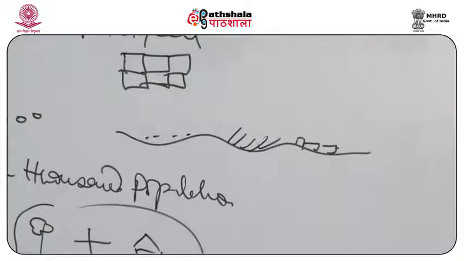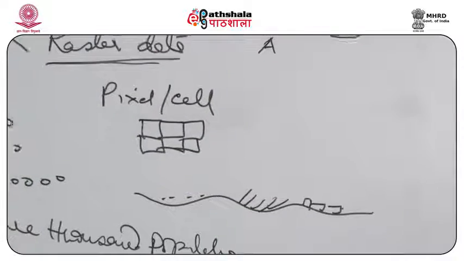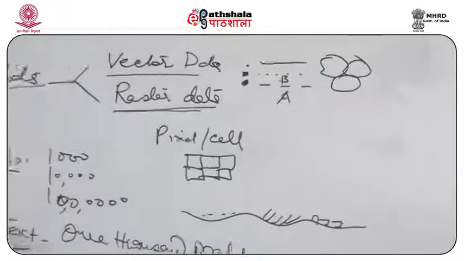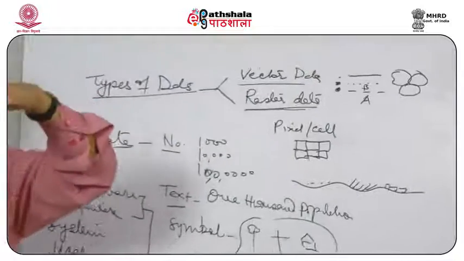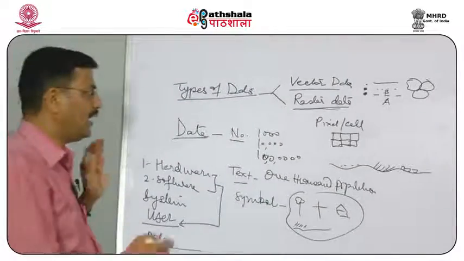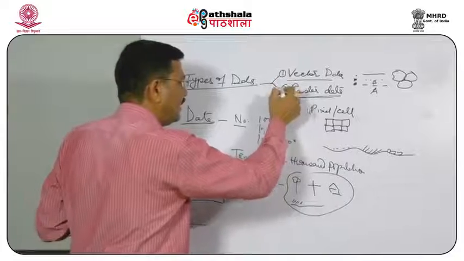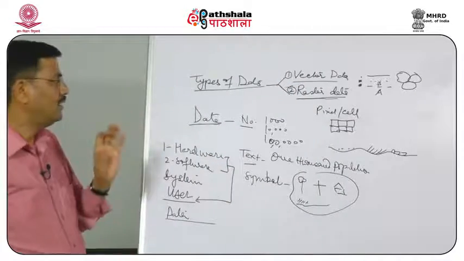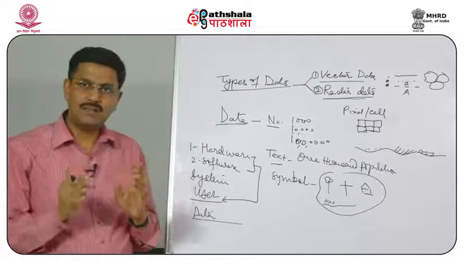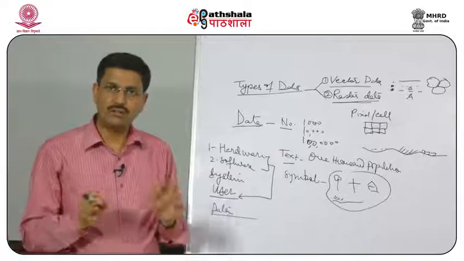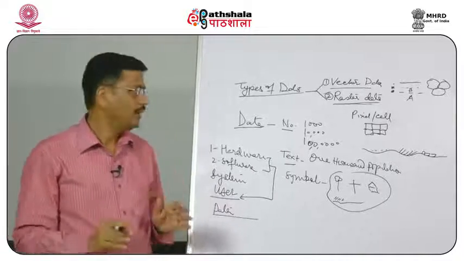Figure 2 clearly shows the real world below, then we have the raster data and the vector data. That gives you a clear understanding. There are different advantages and disadvantages of vector data and raster data. Now our topic is GIS database creation. This is the point we are trying to understand.